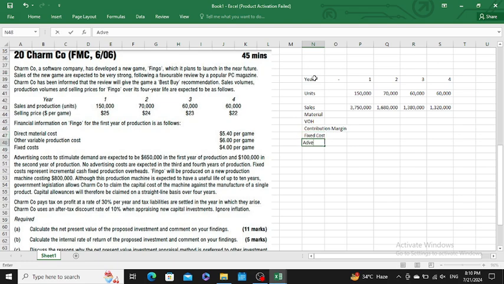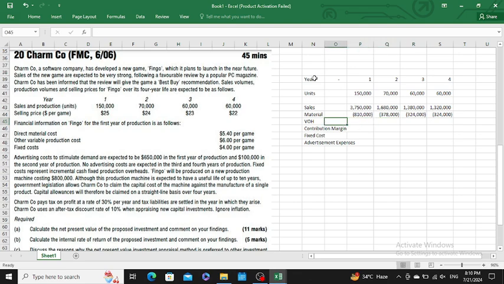Advertisement expenses are also our fixed cost. We have material at a cost of 5.4 into the number of units. We have 150,000 units. Similarly, we will copy this and paste it in each section. We have 5.4 material cost per unit, multiplied by 70,000 units, 5.4 into 60,000 units, and 5.4 into 60,000 units.